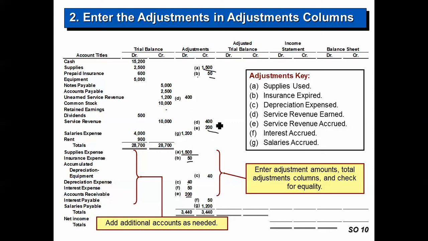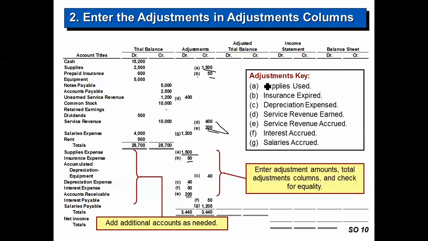So you see we have two here, so we leave enough space on the worksheet for that. Now we total up all the debit balance entries here, 3,440, and we total up all the credit, 3,440. So we know the adjustments are in balance. So the trial balance is balanced, the adjustments are balanced.